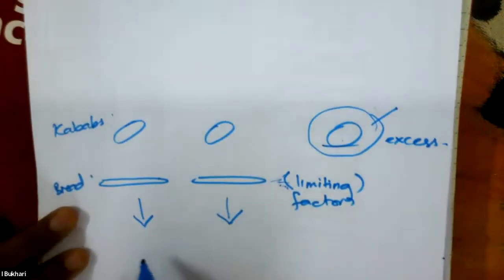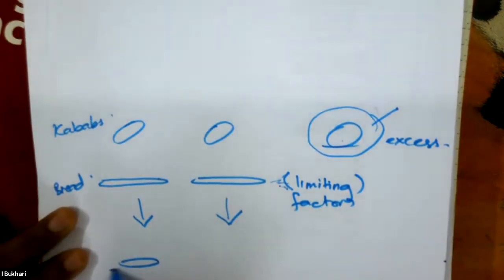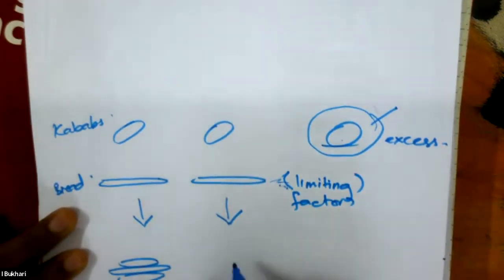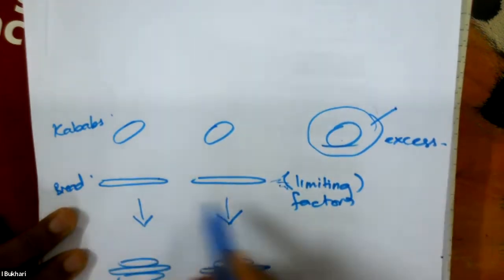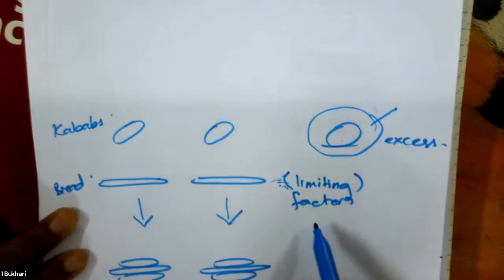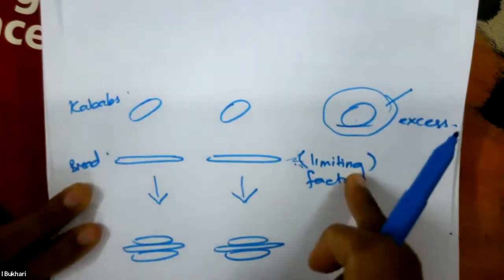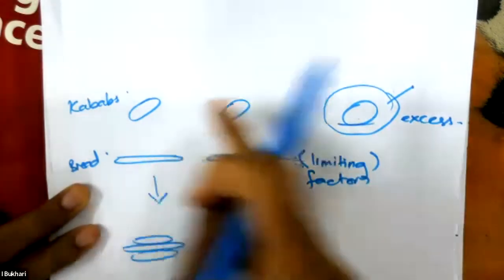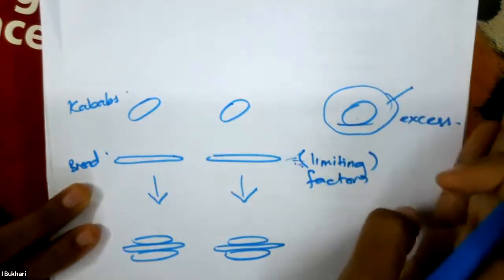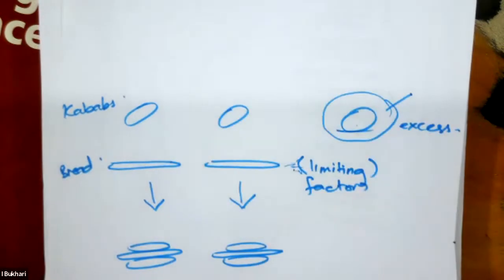And here the limiting factor was bread, so again I was having only 2 sandwiches, because the bread was only 2. So it is always the limiting factor which decides the mass of the final product. Whatever is extra is in excess. So this concept should be clear.